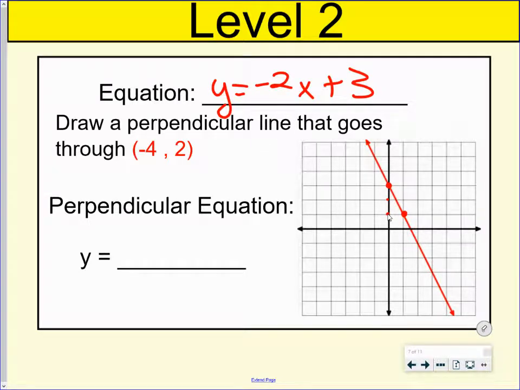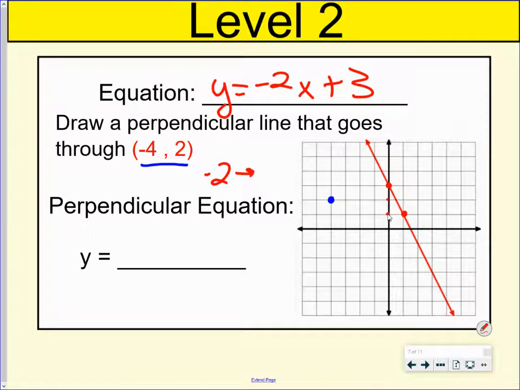We want to draw a line that's perpendicular to this line and goes through point negative 4, 2. So I'm going to go negative 4, 1, 2, 3, 4, and up 2. Right here is my point negative 4, 2. Well, I'm going to get a perpendicular line to this one up here. This red line here, my slope was negative 2.